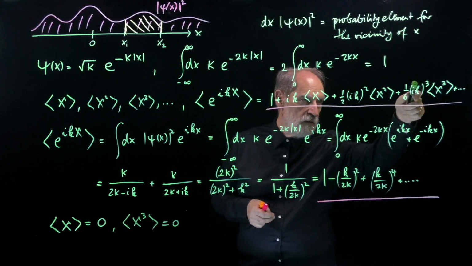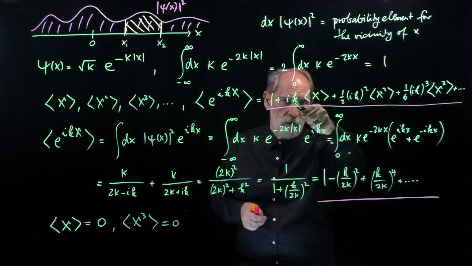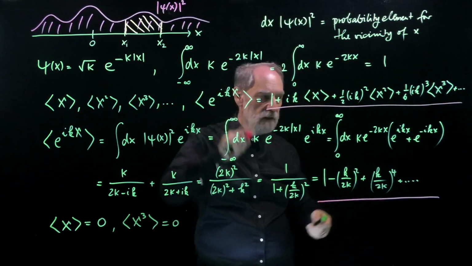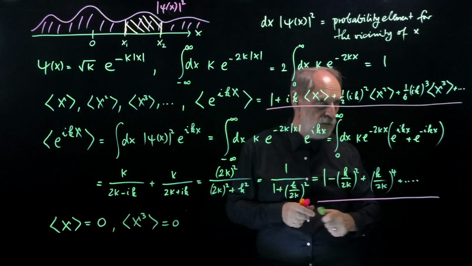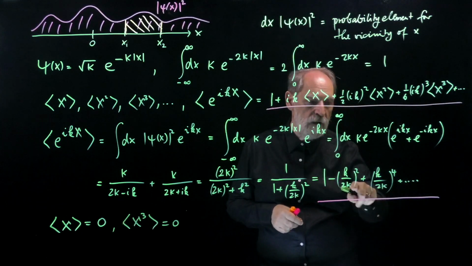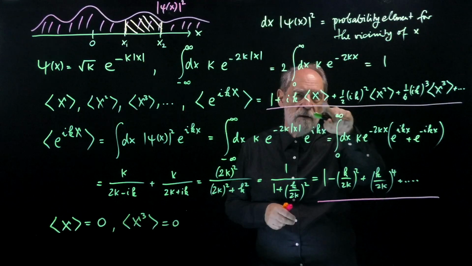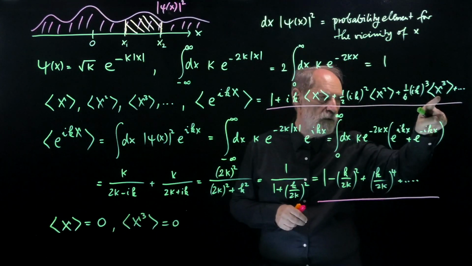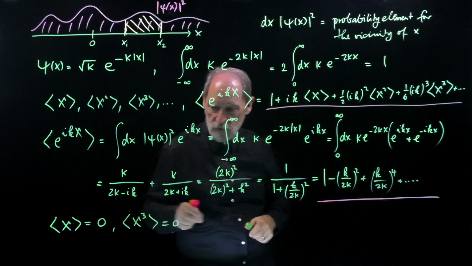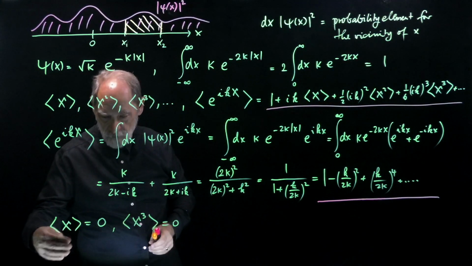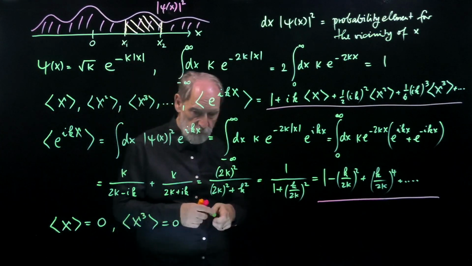If we look at odd powers of the parameter k that appear here, they go with odd powers of x, because it's the product kx that defines everything. And so there will be no terms here that involve odd powers of k. So all the expectation values of x with odd powers have to be 0. In particular, the expectation value of x is 0, the expectation value of x cubed is 0.